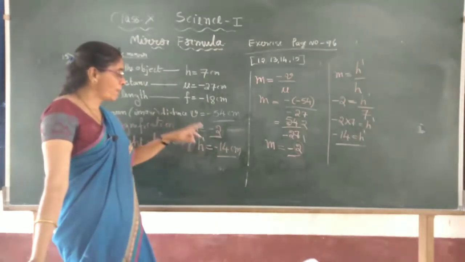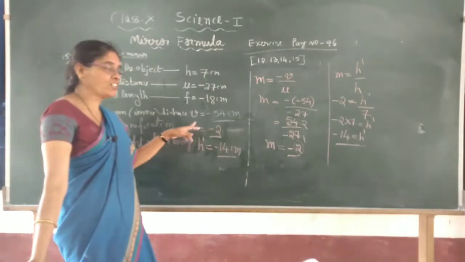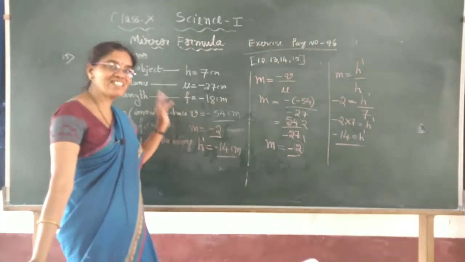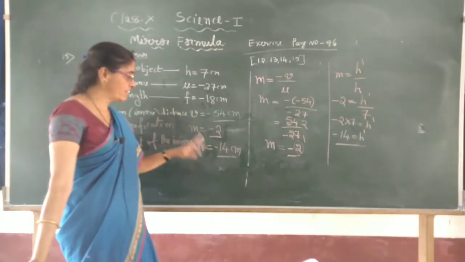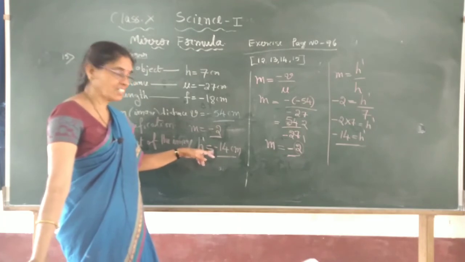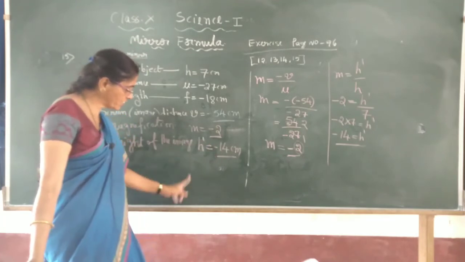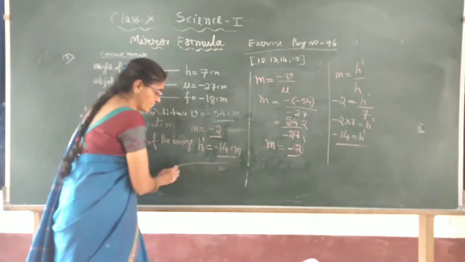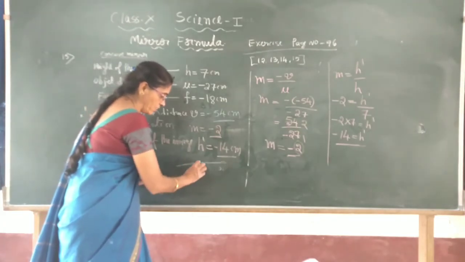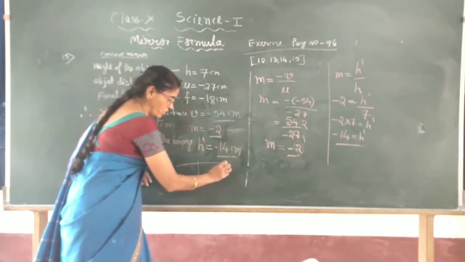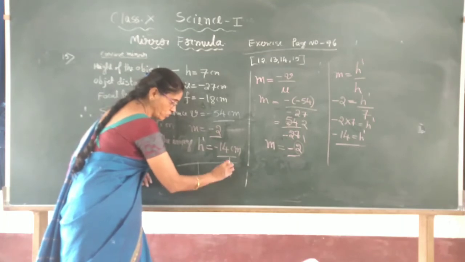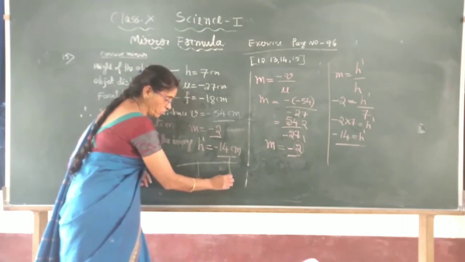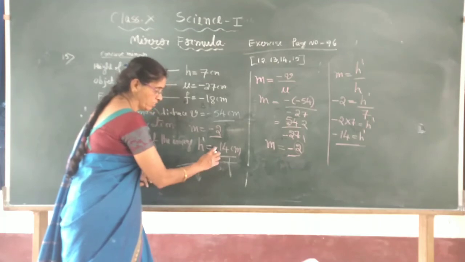And the minus sign of the m value indicates it is a real image. And here also the height is minus, which indicates it is below the x axis, like this way. Down from the axis, the origin, down means it is a negative value, that is why we got negative.